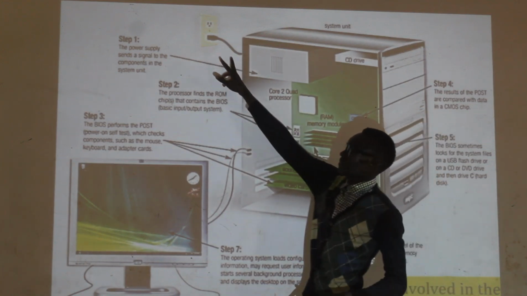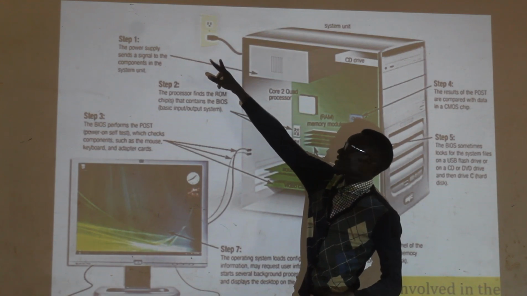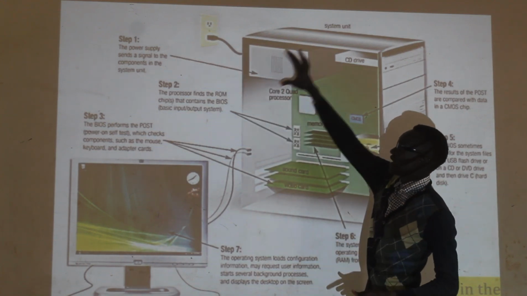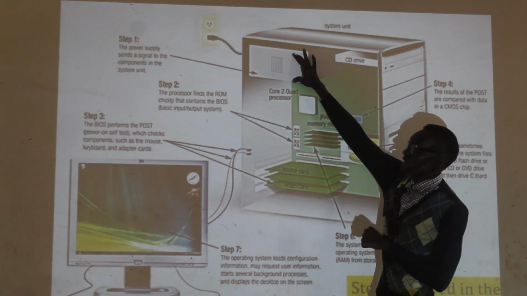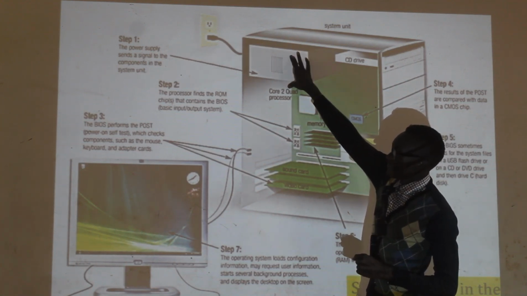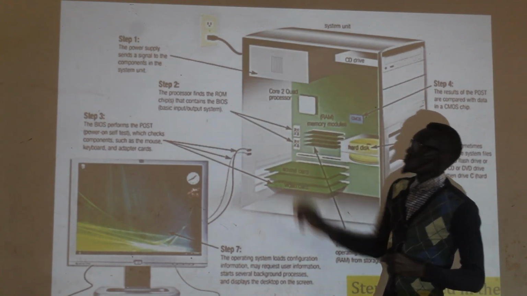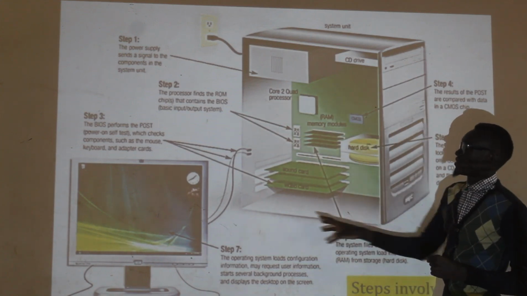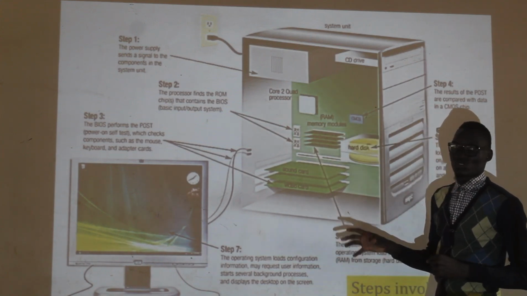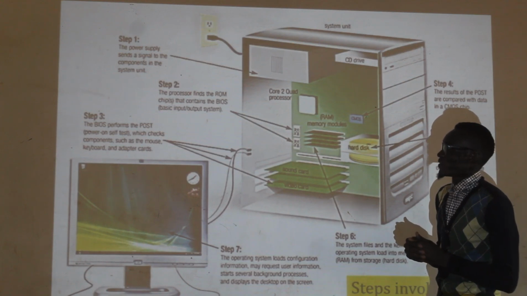Once the wall socket supplies power to the power supply, the power supply will send the signal to the components of the systems unit.